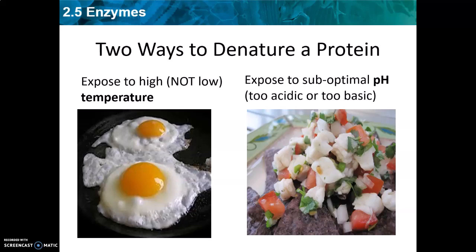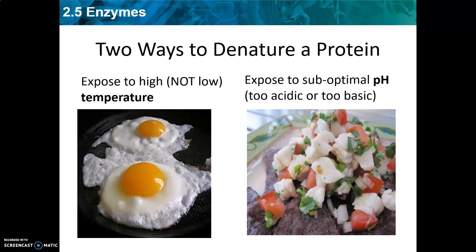The first is to expose it to high temperature, not low temperature. You can freeze something and that doesn't denature the protein, but high temperature definitely does. The other way is to expose it to a pH that's outside of its optimal range. That can either be on the acidic side, which is a low pH, or too basic, which would be a high pH.